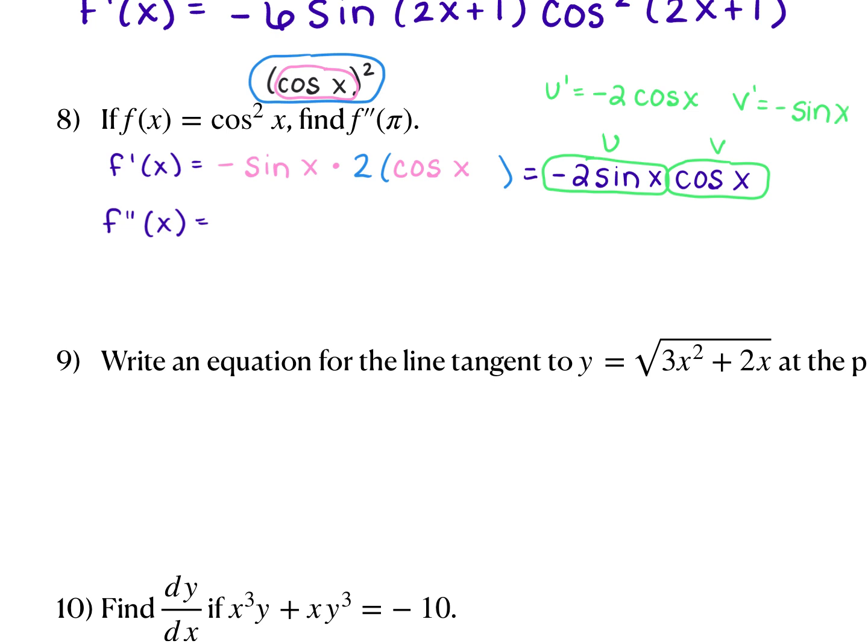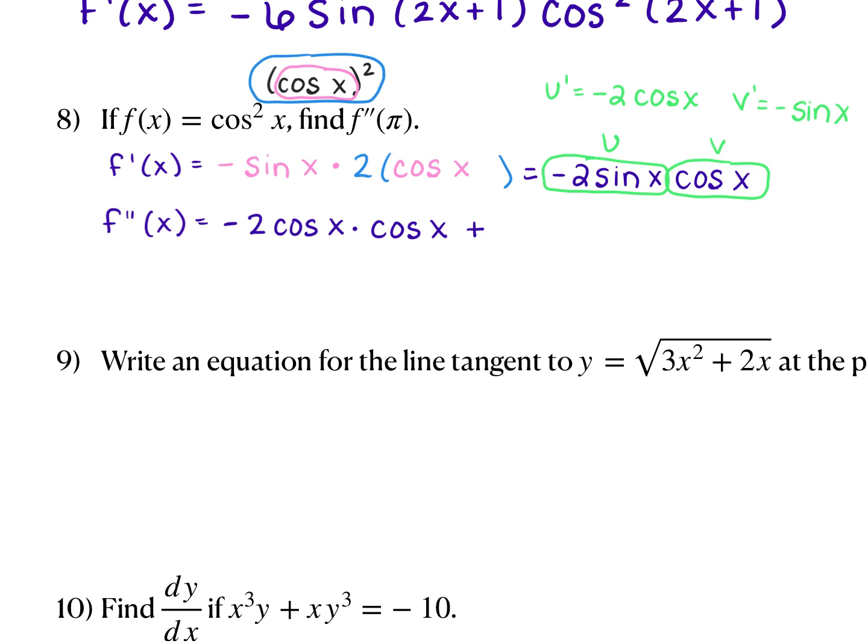Okay, so let's write this out. I'm going u prime times v. So that'd be negative 2 cosine x, that's u prime, times v, which happens to be another cosine x, plus v prime, which is negative sine x.